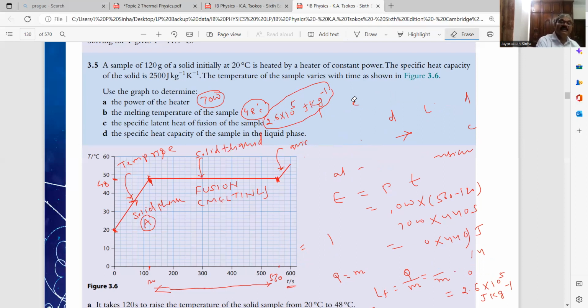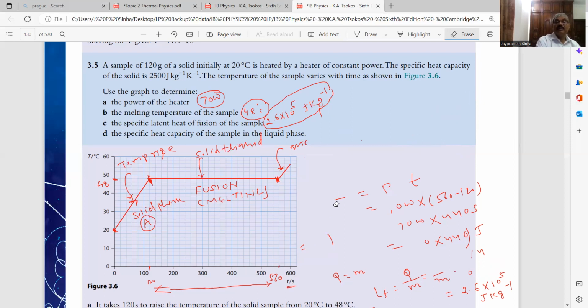So here in this case, we are going to solve the last part, that is D part, and it is when the whole solid has been converted into liquid, and whatever electrical energy you are supplying is being utilized in raising the temperature of the liquid. Correct?